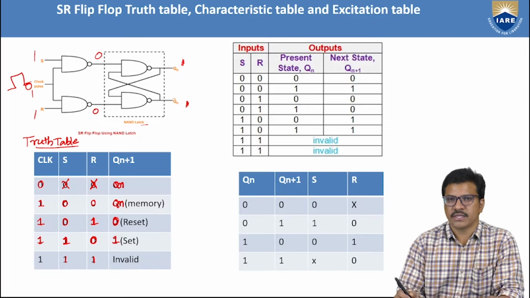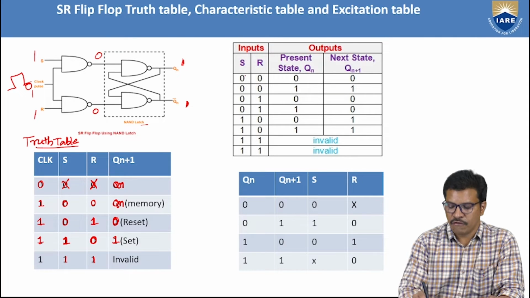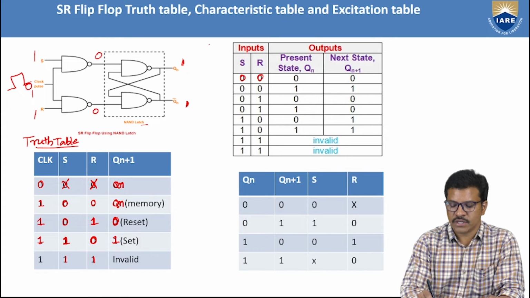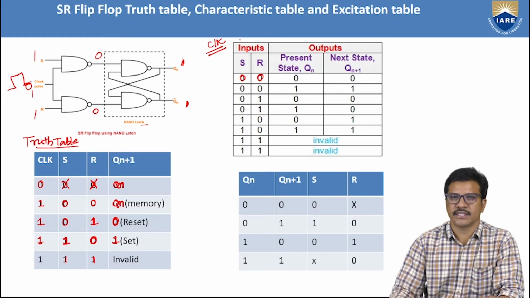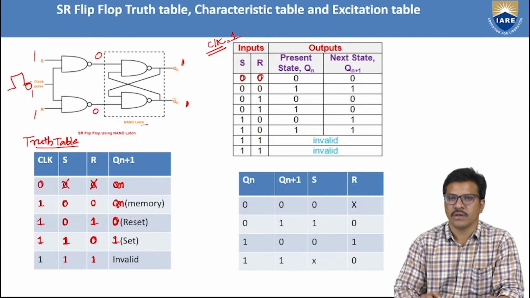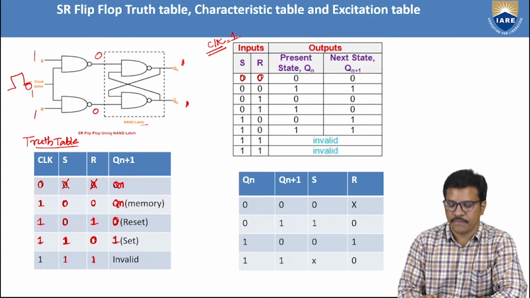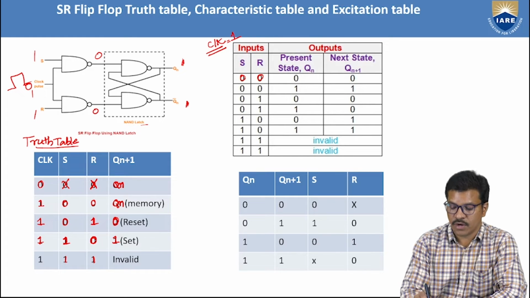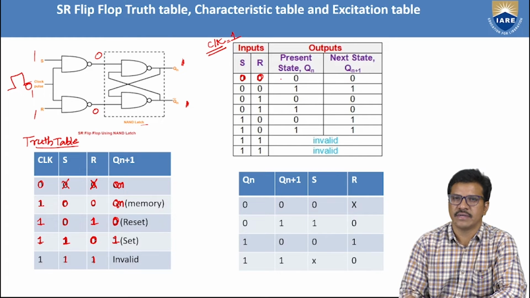In this, if you see, if S is equal to 0 and R is equal to 0, of course, we assume that the clock is high always. In all the cases, the clock is high. By assuming the clock is high, we can see what the combinations of inputs are and what the present and next state relation will be.